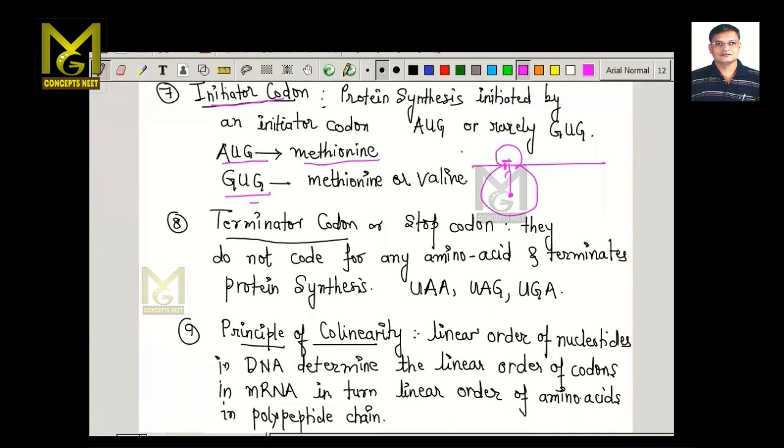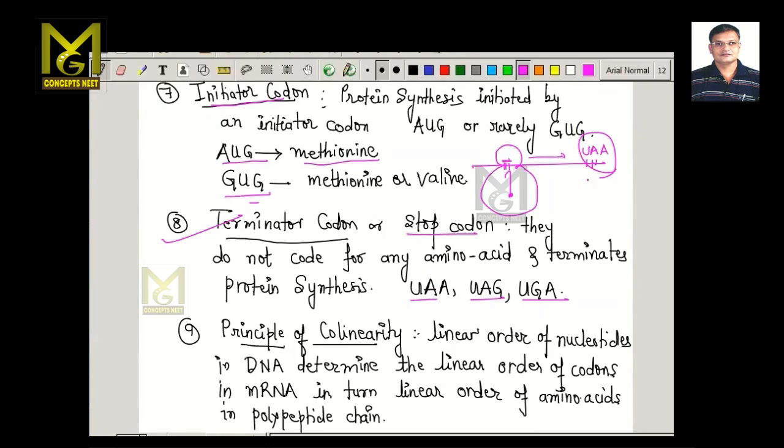Now, as protein synthesis takes place, the ribosome goes on moving, and it meets fixed sequences of codons like UAA, UAG, and UGA. Any one of these, at a time, we call a terminator codon. Terminator codon is also called stop codon.